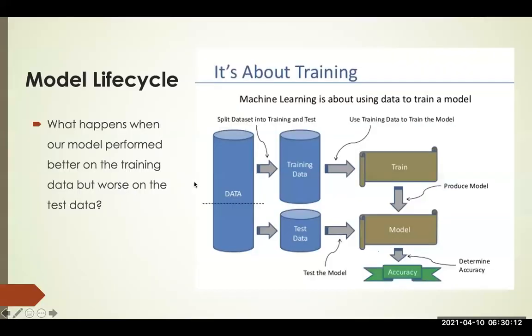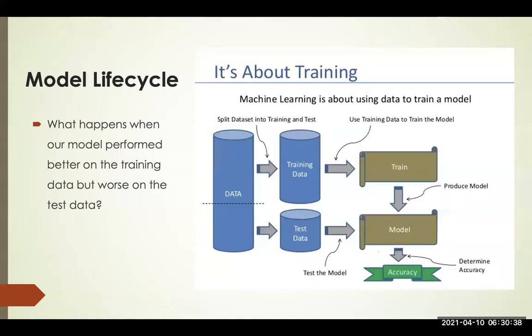Okay, so after this slide, we're going to go to our Jupyter notebook to see how to do some of the things I've talked about. So this is a summary of a model life cycle. The model is about training, and machine learning is all about using data to build a model to make predictions on future data.